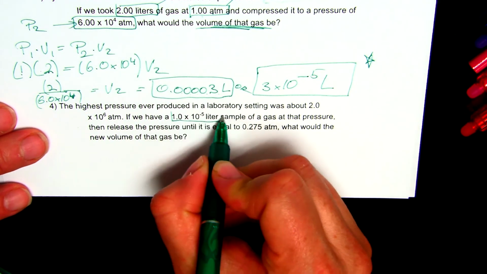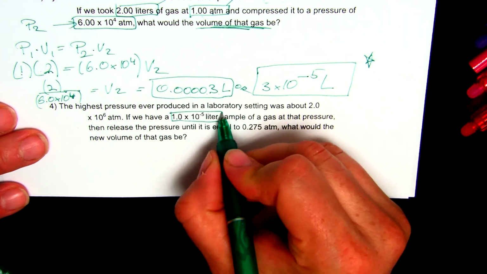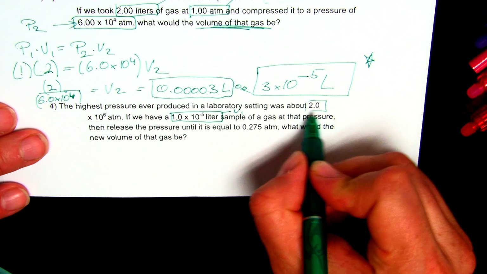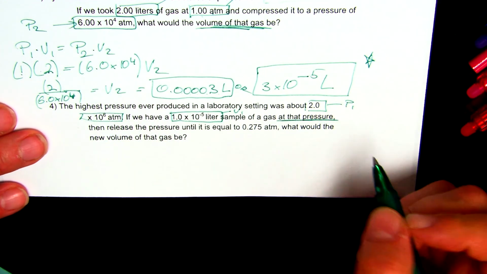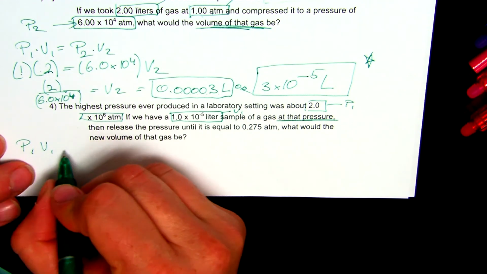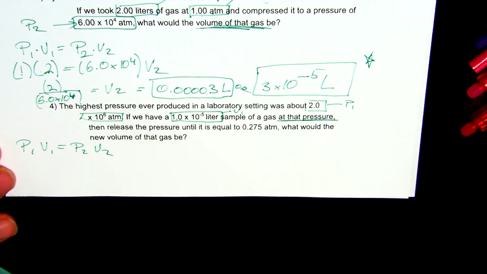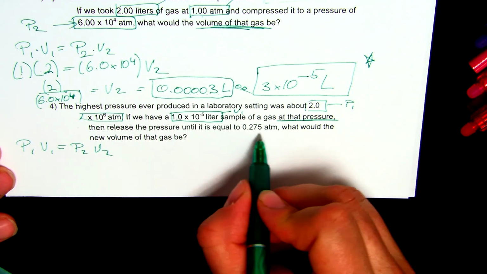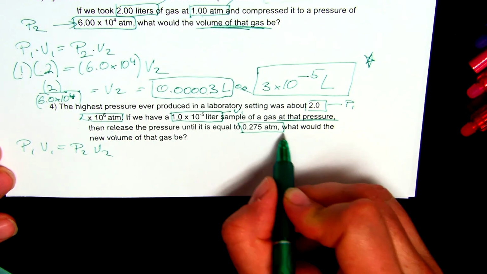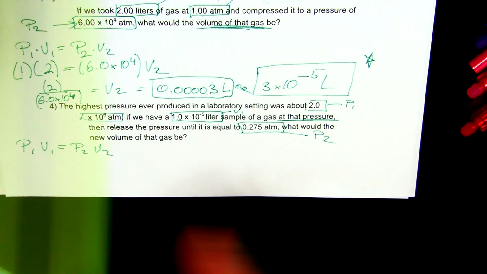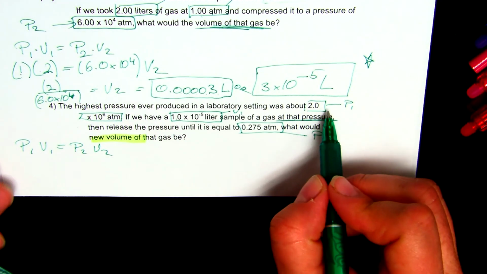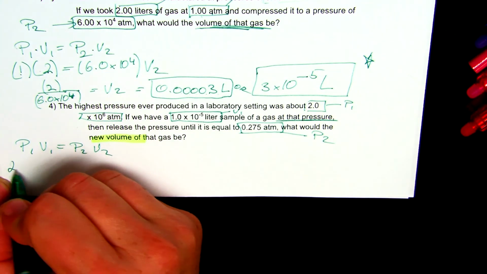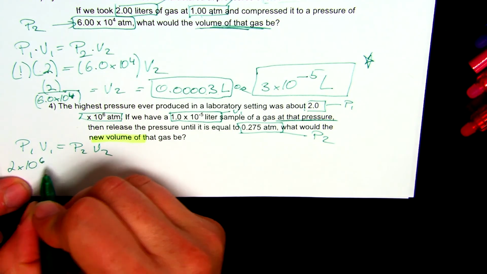What is this right here? That's volume. That's my volume 1. And we have it at that pressure, so this is my pressure 1, because it says at that pressure. So you do P1 V1 equals P2 V2. Here's your P2. Now it's asking what the new volume would be. Let's plug it in. My P1 is 2 times 10 to the 6th.